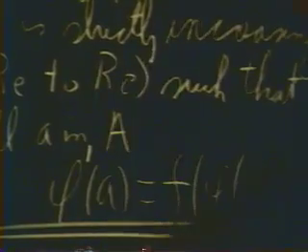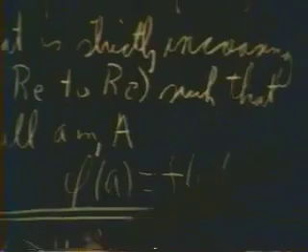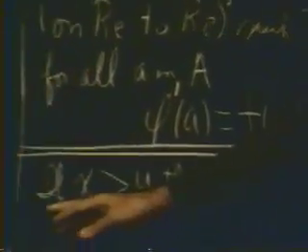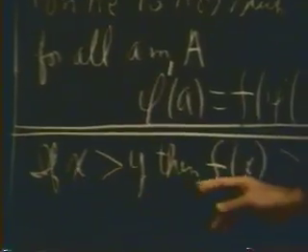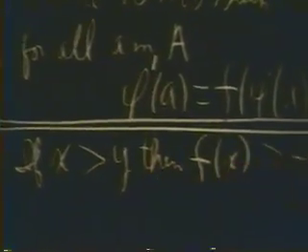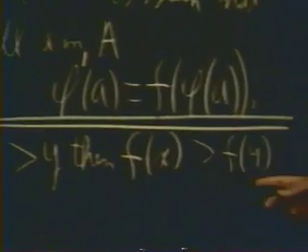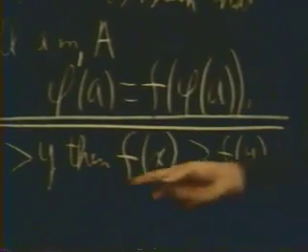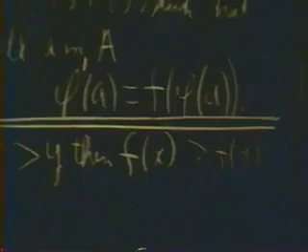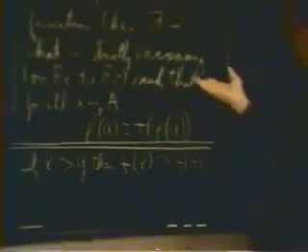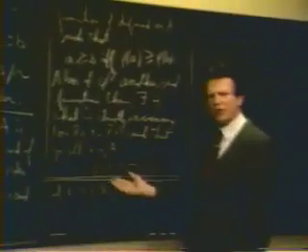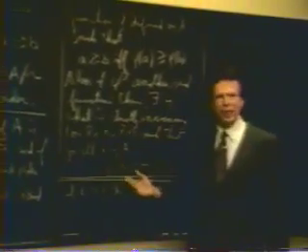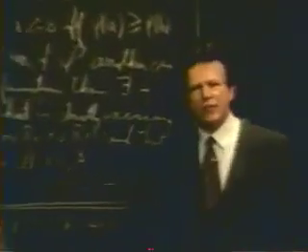Notice I've just written here the familiar characterization of a strictly increasing or monotone function. If the number x is greater than y, for any two such numbers, then f of x is greater than f of y. We require this preservation of the strict ordering for f to be strictly increasing. And it is just that sense of uniqueness, of any two representations, phi and phi prime, being related by this strictly increasing function, that gives us a sense of uniqueness.